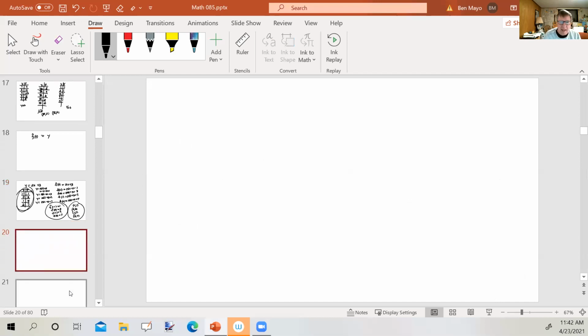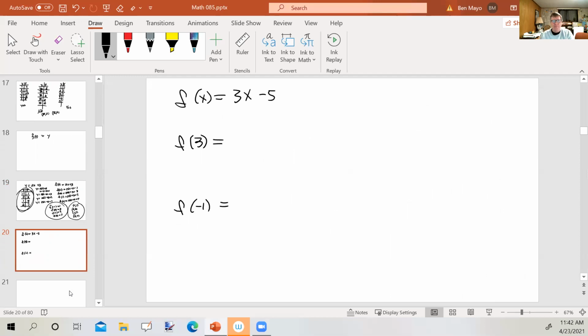Let's say we have the function f of x equals 3x minus 5. And we want to find f of 3 and f of -1. To find f of 3, we're going to put 3 in the place of x. So we'll get 3 times 3 minus 5, which is 9 minus 5, which is 4. So f of 3 equals 4.